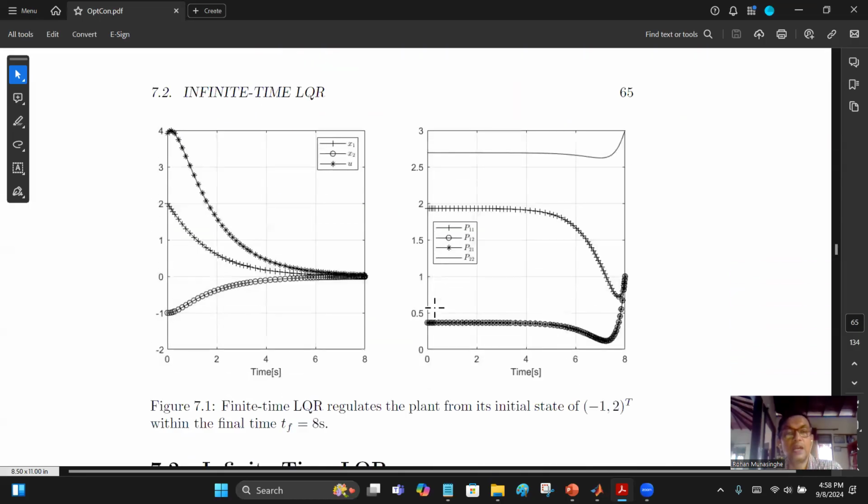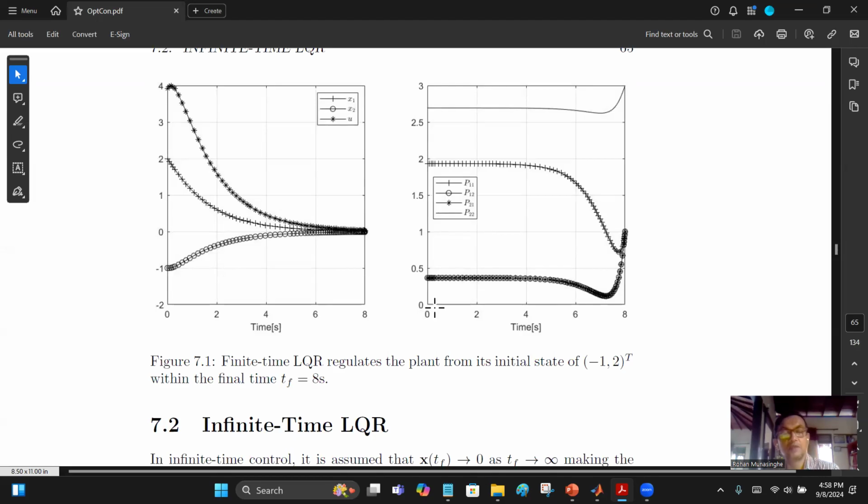Right? And these are those trajectories. For X1, I think it starts with 2, and in 8 seconds it goes to 0 like that. So the first state variable is regulated properly.